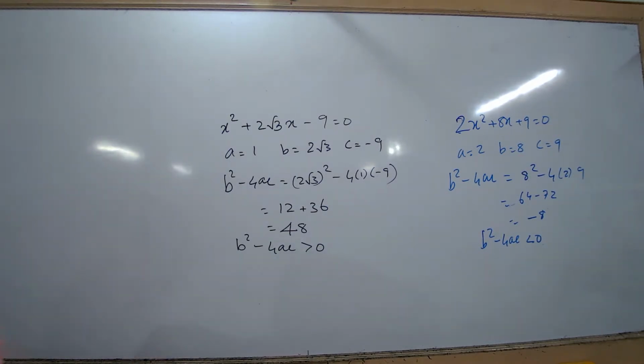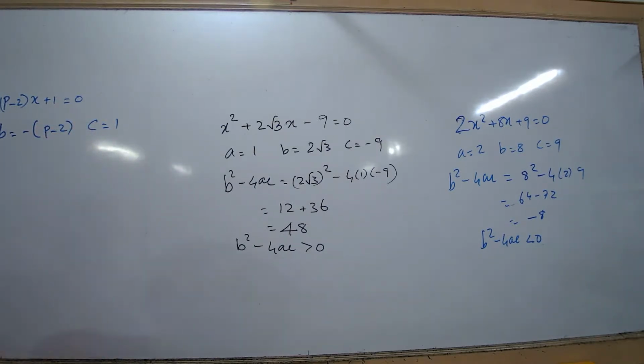Find the value of p if the quadratic equation 4x square minus (p minus 2)x plus 1 has equal roots. So you have to find the value of p. The equation has equal roots. First write a is equal to 4, b is equal to minus of (p minus 2), c is equal to 1.